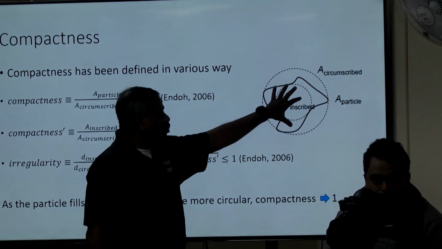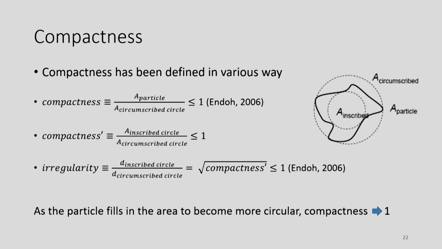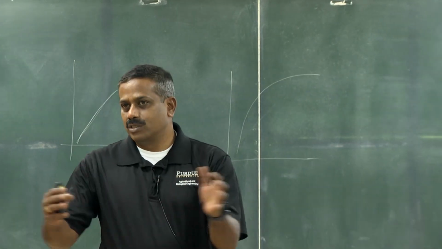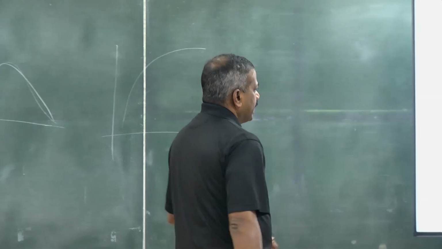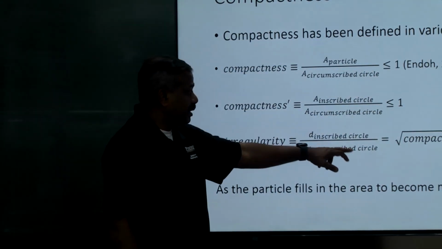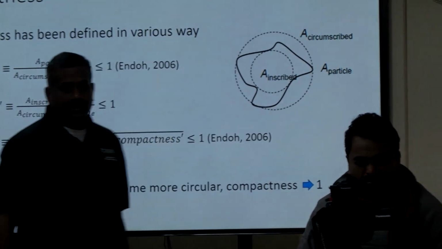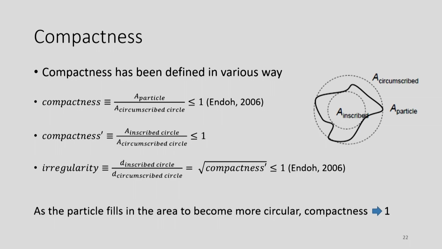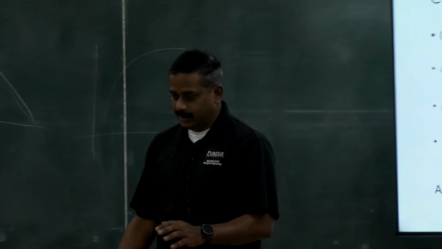Most commonly we use the circumscribed circle to calculate how close it is to a circle when it comes to shape. Again, calculate the irregularity of the particle using the areas of the inscribed circle and the circumscribed circle. If it's compact and close to a circle, then the value will be 1. That's the max.